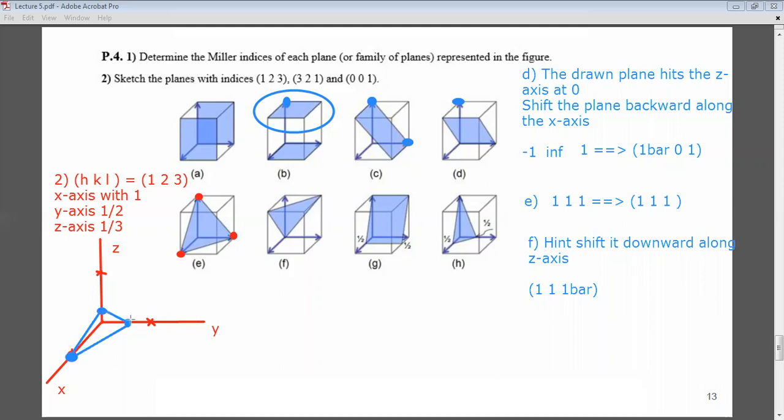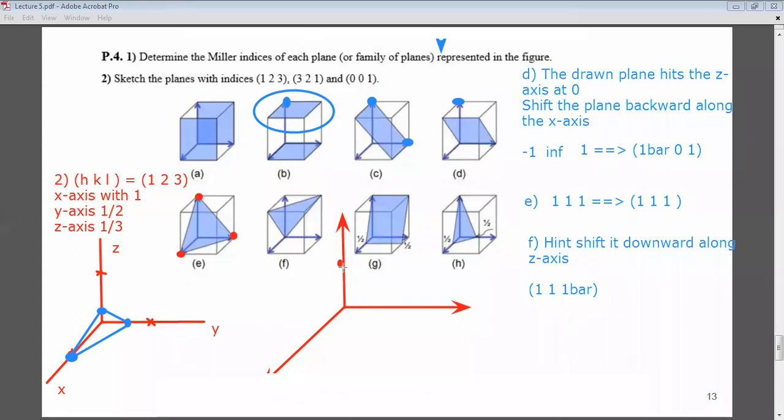Okay. Let me draw with you 0, 0, 1. So again, I need the x-axis. Let's do it in red, so we keep the same color. So this is the x-axis, this is the y-axis, and this is the z-axis. So 0, 0, 1 means it doesn't hit the x-axis, it doesn't hit the y-axis, it only hits the z-axis at 1.